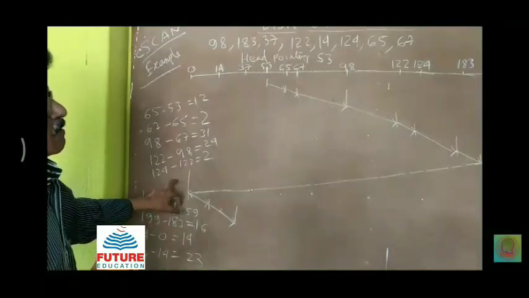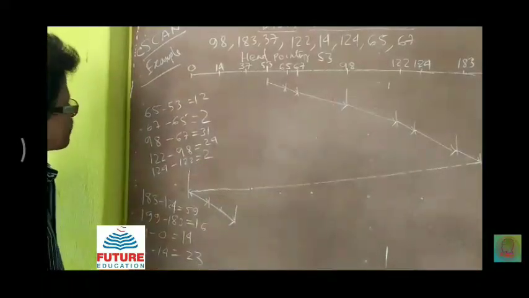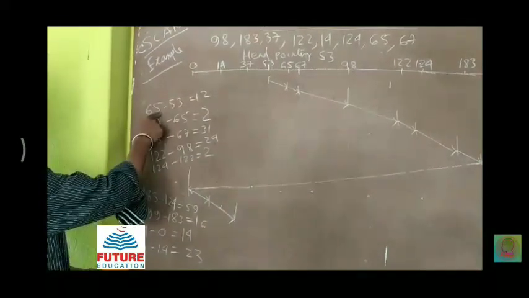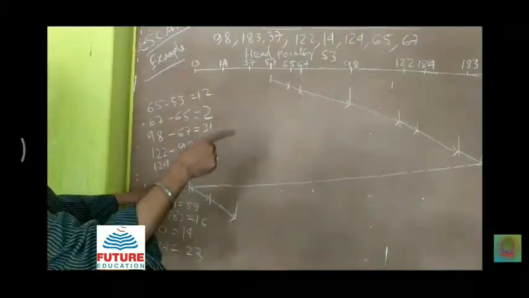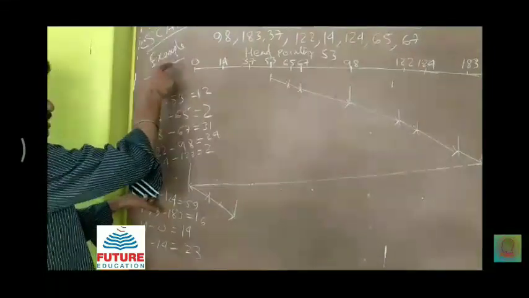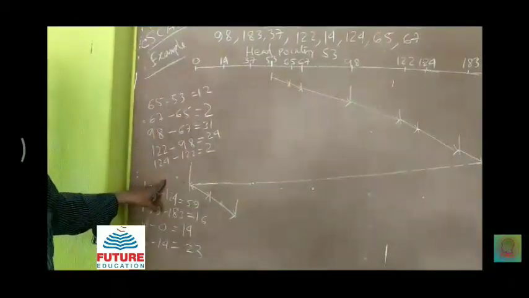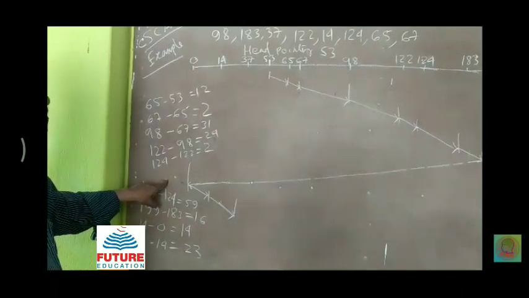So when we calculate the head pointer movement, we consider 65 minus 53, 67 minus 65, but we never consider 199 to 0. This is the very advantage of this scheduling algorithm.